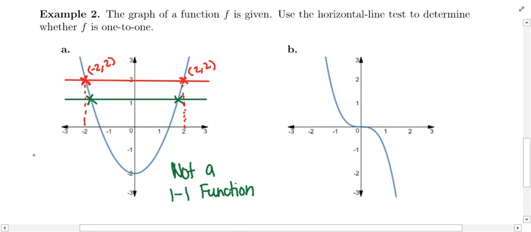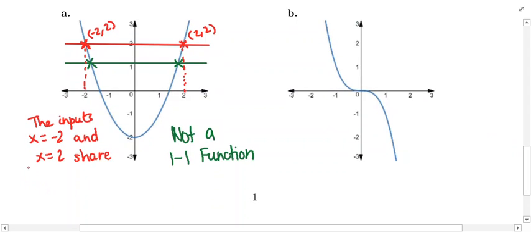You can clearly see that the inputs x equals -2 and x equals 2 share the same y value, which is y equals 2.